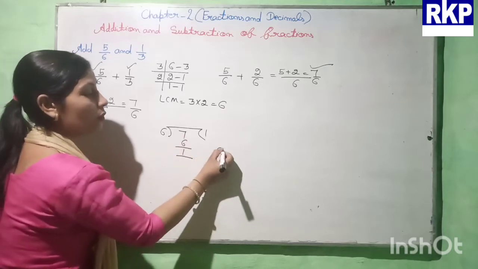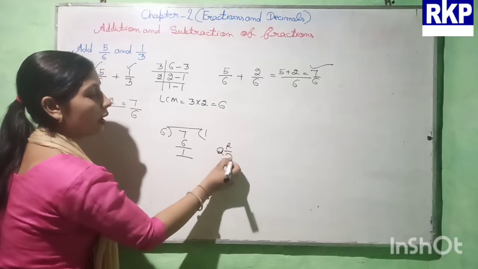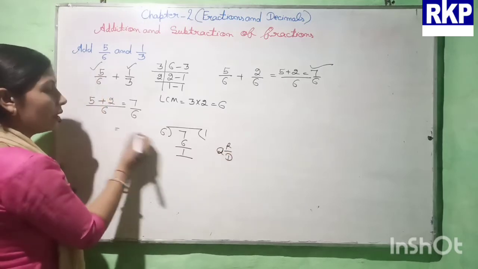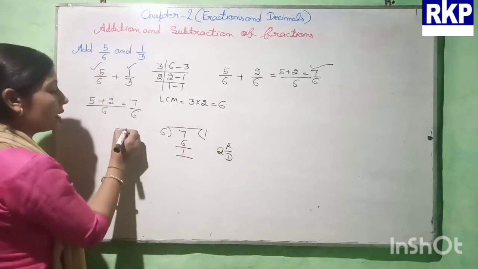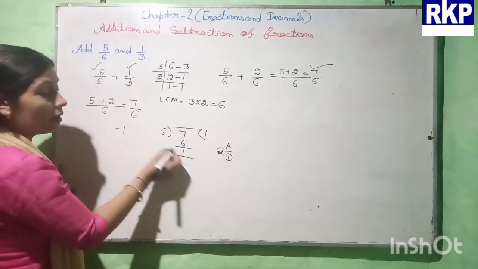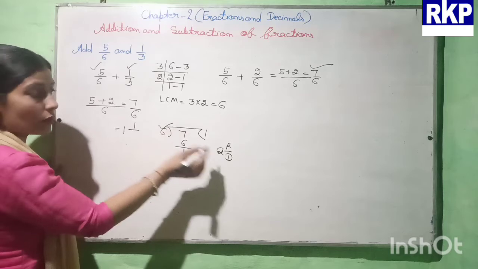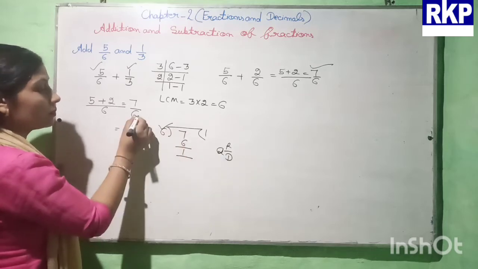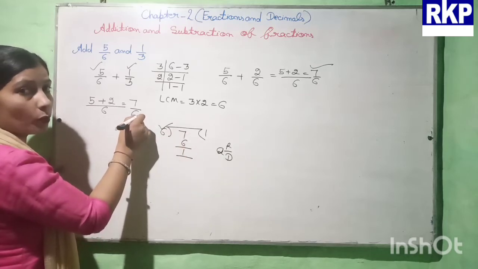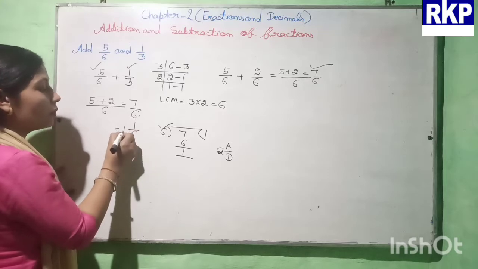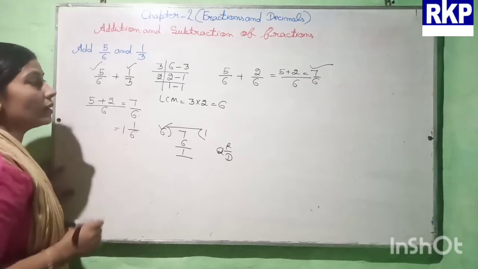So now we have to write according to Q R D. So what is Q? What is the quotient? 1. What is the remainder? 1. And what is the divisor, or you can say the denominator? Okay, so here 1 and 1 by 6 is our answer.